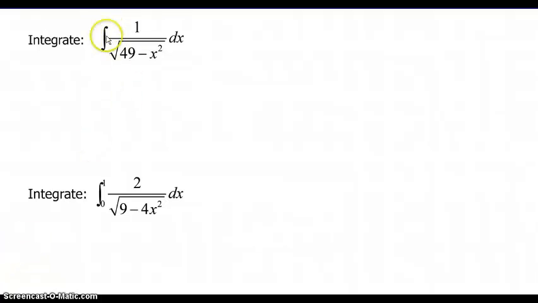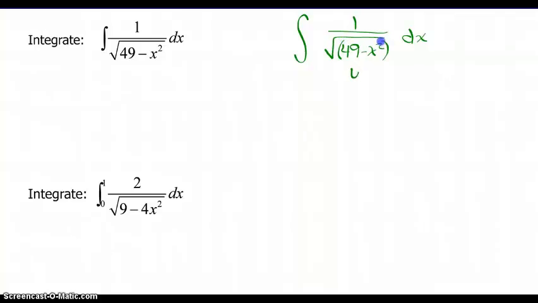If we are given a definite or indefinite integral, and we see a square root in the denominator, well, before, if we had seen something like the square root of 49 minus x squared dx, we would say, okay, what's being operated on? We'll call u. This is just for example. And then du would have to be negative 2x dx.